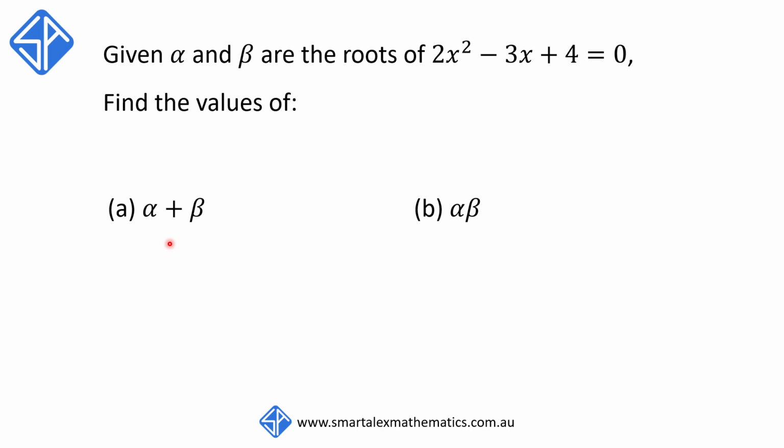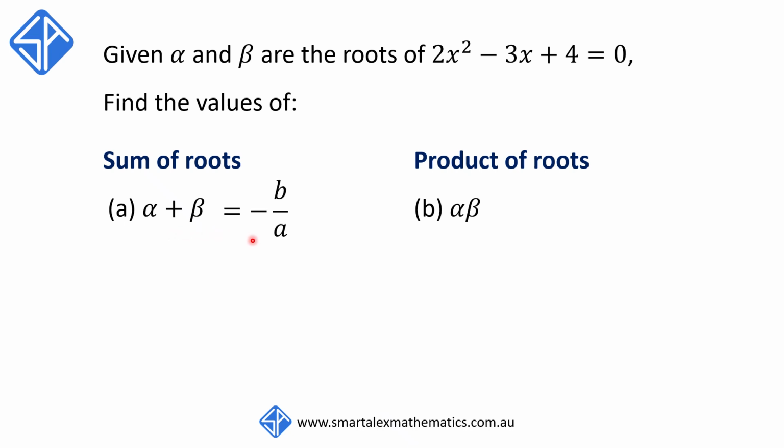Alpha plus beta is also known as the sum of the roots, and alpha beta is also known as the product of the roots. The relationship between the roots and the coefficients of the quadratic equation is that the sum of the roots alpha plus beta is equal to negative b on a, and the product of the roots alpha beta is equal to c on a.